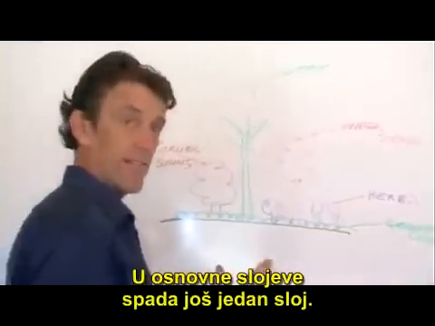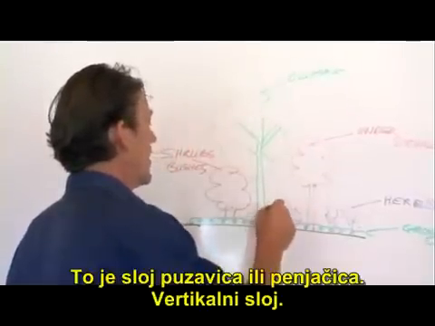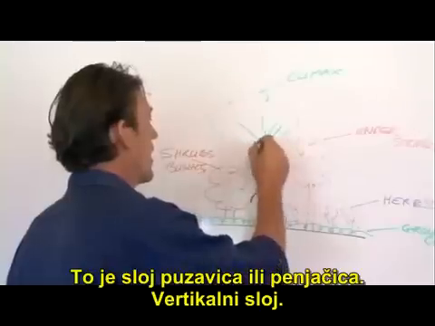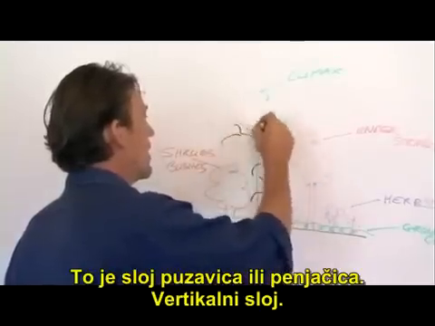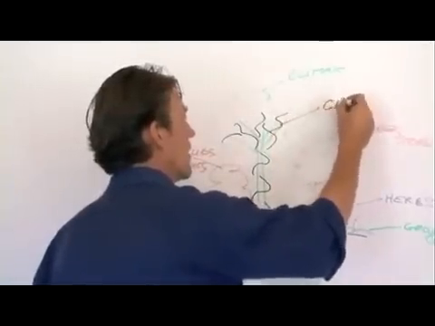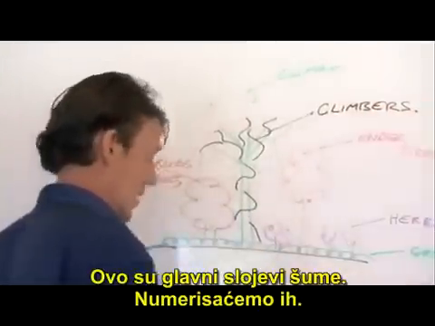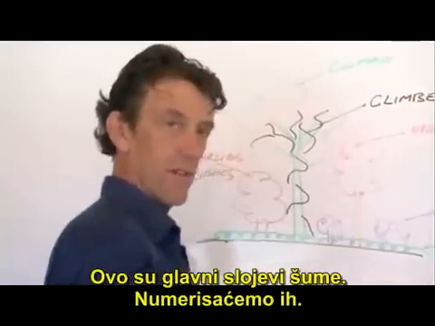And in the basic layers, the main layers, there's one more layer here, and that's the climbing layer, the vertical layer. The climbers. These are the main layers of a forest.